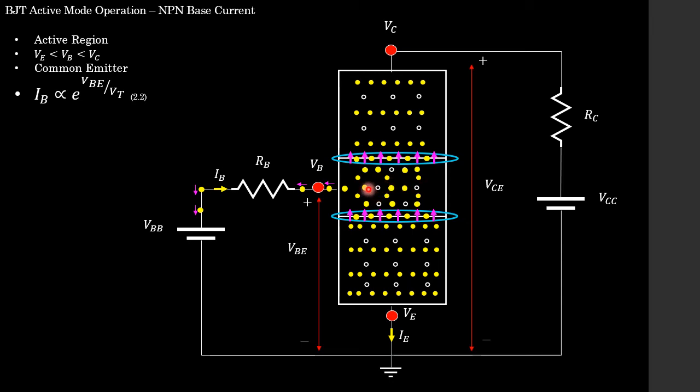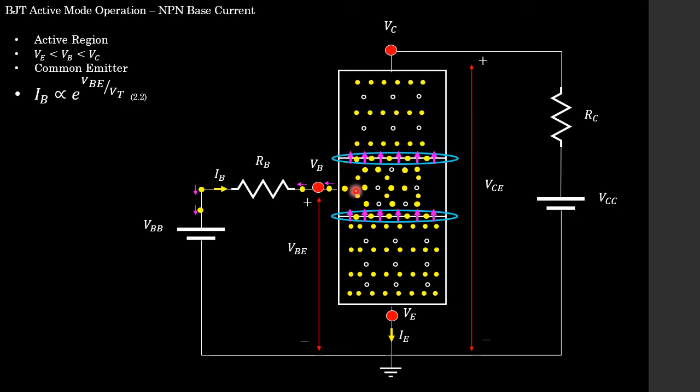Now, when they recombine with these holes, students, the next thing that happens to these electrons is they start moving out of our base terminal. And they move out of our base terminal all the way to this positive terminal of this biasing VBB. Now, not many of these electrons actually move through this terminal to generate our current IB, because we'll see that a lot of these free electrons actually end up at this next junction between our collector and our base.